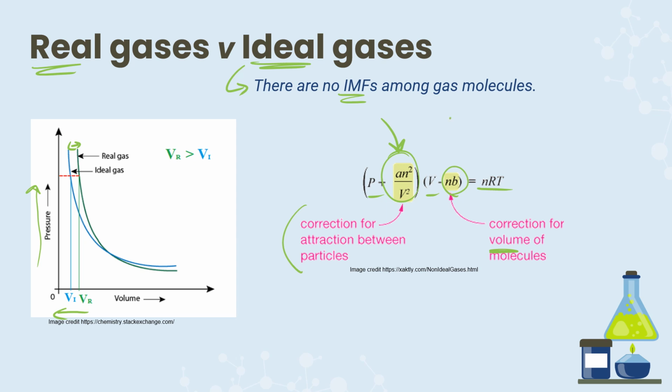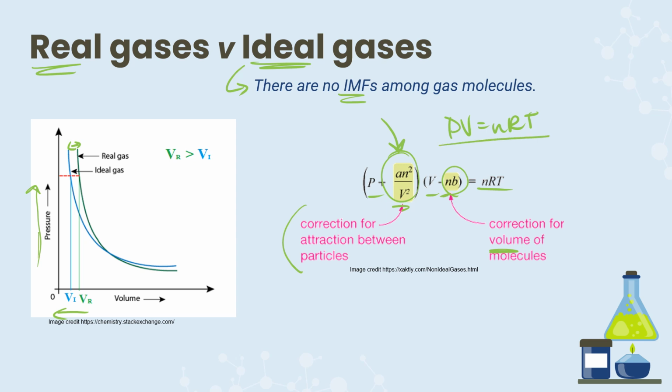And so for us, we're going to again assume ideal gas behaviors. We're going to use just a P and just a V, not all that extra stuff. But know that at very low temperatures, when gas particles are moving very slowly, they're going to deviate from our PV equals nRT math.